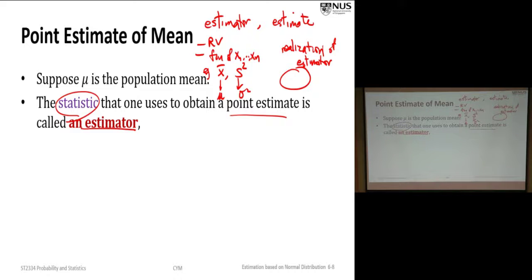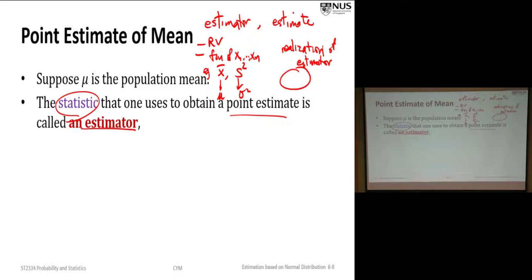So I define a random variable 0 or 1, where 1 is a head and 0 is tail. If I do not toss the coin, I don't know what is the value of the random variable. It takes either 1 or 0, depending on the outcome, with probability half. But once I toss it, and I know that the outcome is the head, for example, then I got a realization of that random variable.